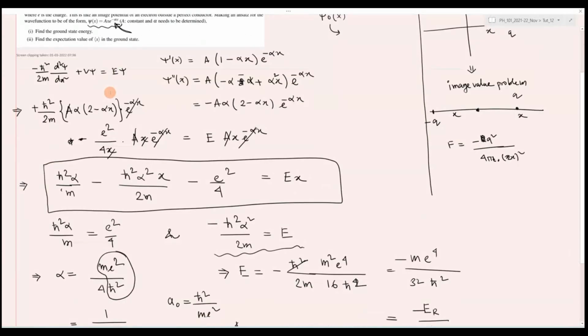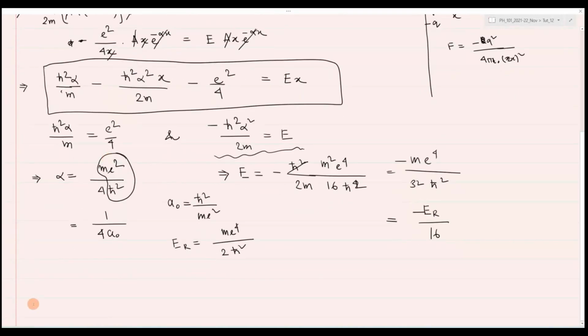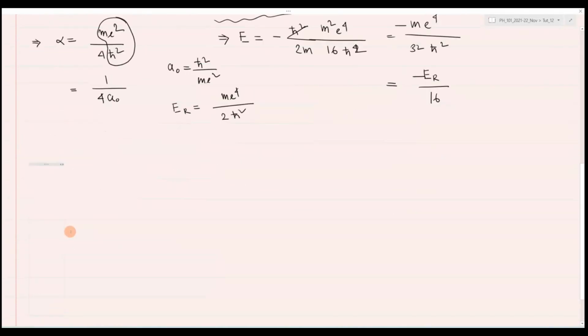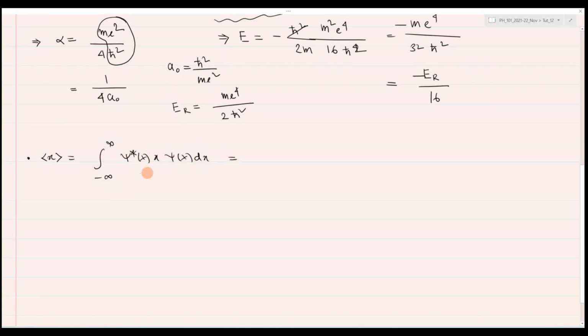Okay. Next, to find the expectation value of x in the ground state. So how to find the expectation value? Expectation value of x, we know it is equal to the integral from minus infinity to infinity of psi star x, x, psi x, dx. And you know the wave function.